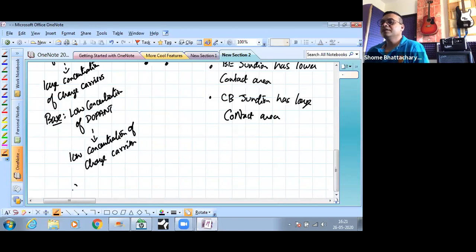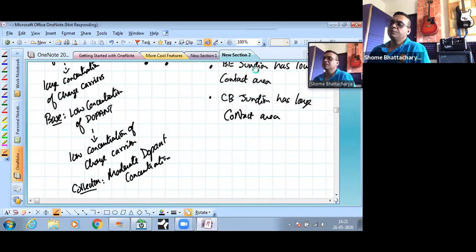And the collector, this one has moderate dopant concentration. So this is what we talked about last time, the important design features or the features of the form factor, including the dimensional size as well as the type of materials used for the semiconductor device or for the transistor.